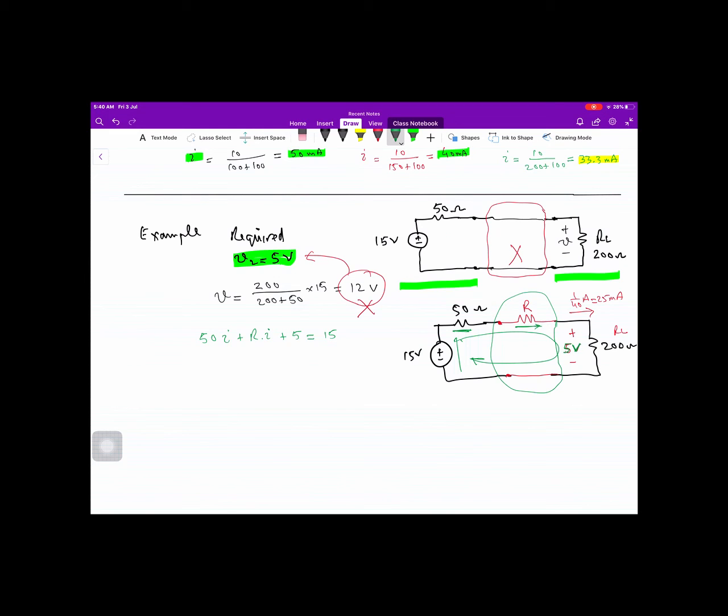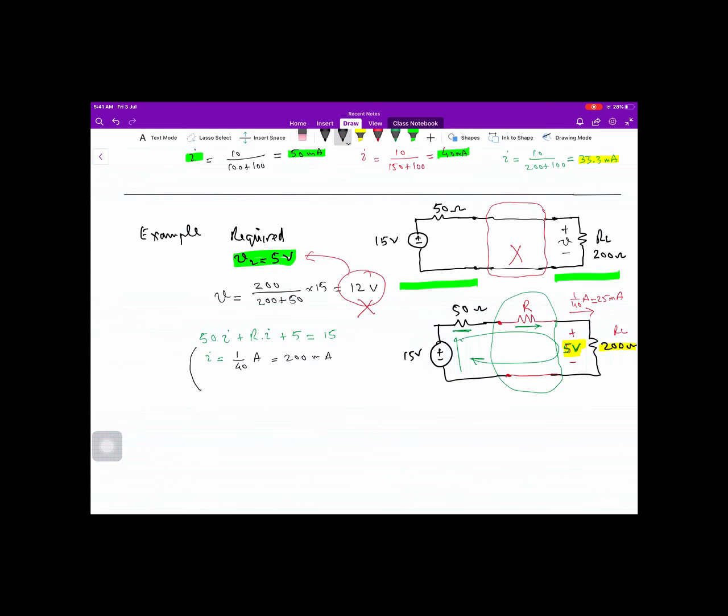Now we know that I, looking at the circuit diagram, due to the 200 ohm resistance and due to this condition, the current flowing through the load is 1/40 ampere, or 25 milliampere.